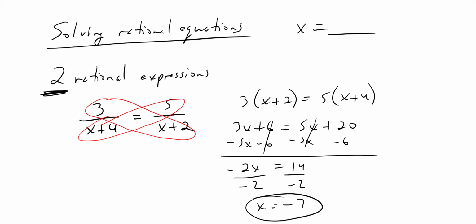So let's talk about more than two. If I have, let's just say, 3 rational expressions. It could be 4 or 5, but it's not going to be much more, so 3 is probably the biggest we're going to get. So this is what I want to do.